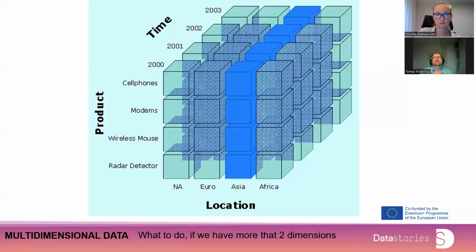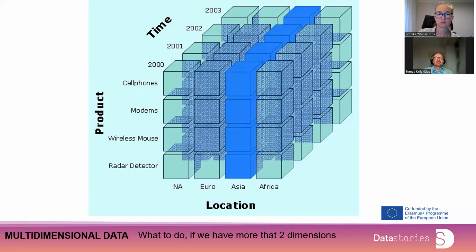And of course, in the previous webinar, we discussed simple methods, basically to visualize one or two dimensional data. However, most of the time, data is quite complex, and usually we have multidimensional data. So, for example, we can have product, location, time, and a lot of other dimensions.